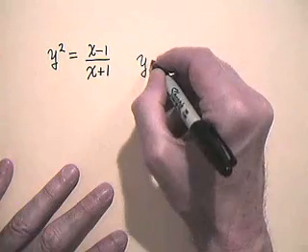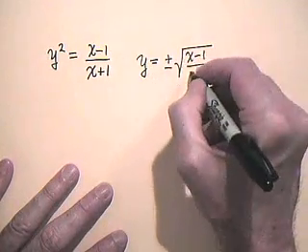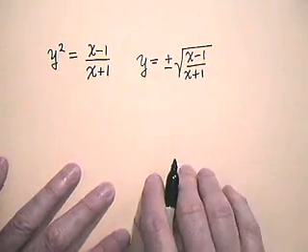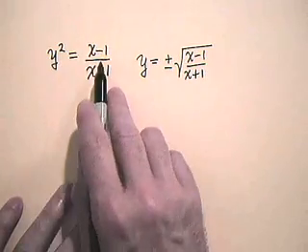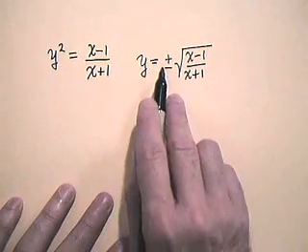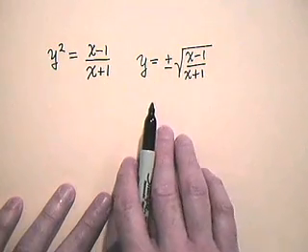We would have y equals plus or minus the square root of the quantity x minus 1 over x plus 1. That is, if you give me a specific point satisfying this equation, then it's either going to satisfy the equation here with a plus sign or with the minus sign.